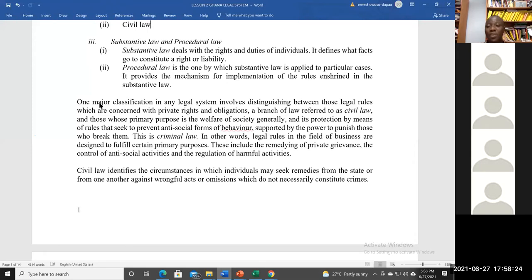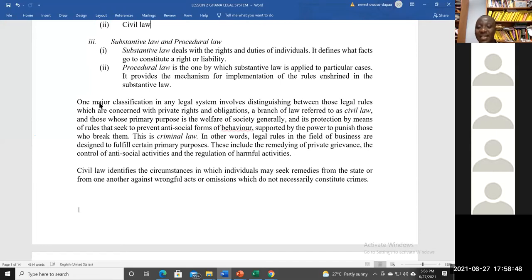So for example, you have the Courts Act. The Courts Act is, to a large extent, an example of adjectival law because it tells us how we can access the court, or which court can do what, what you can do here and what you cannot do there, as well as the rules of court: the district court rules, the high court rules, and the circuit court rules.